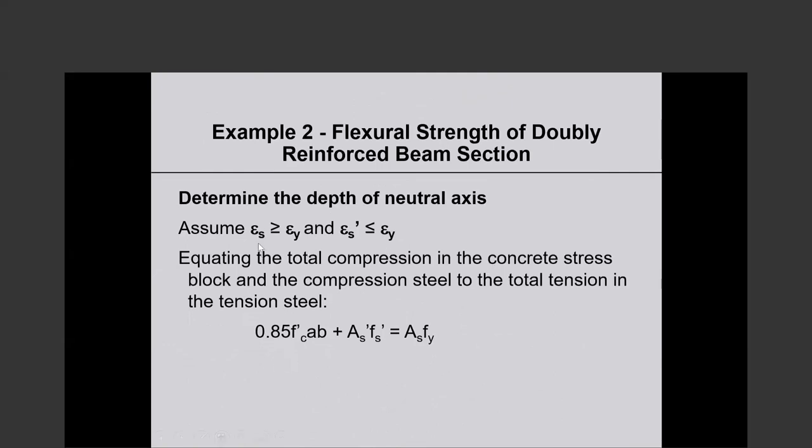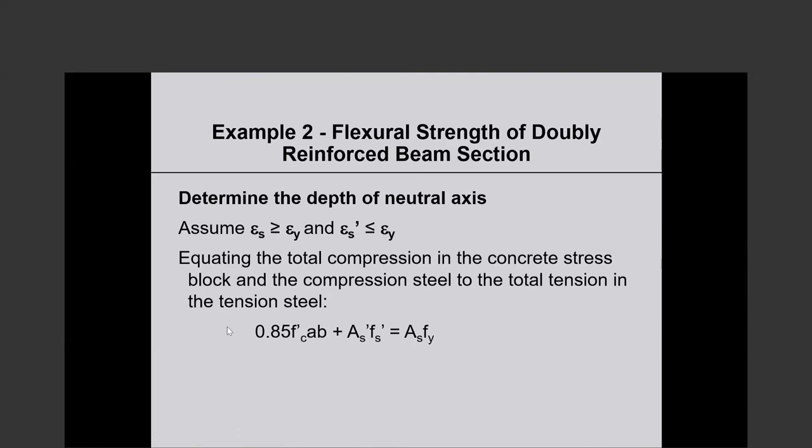Assume the tension reinforcement strain is larger than yield strain, and that the compression steel strain is less than or equal to yield strain. So tension reinforcement is yielding, compression reinforcement is not yielding. These are assumptions at this stage.